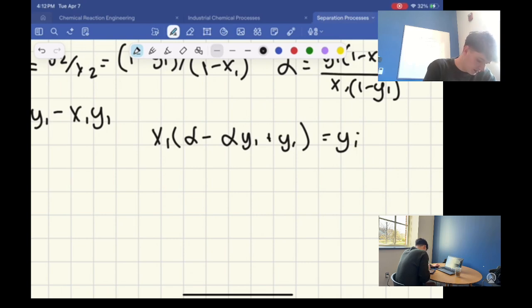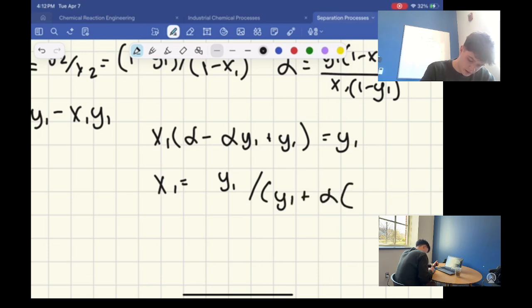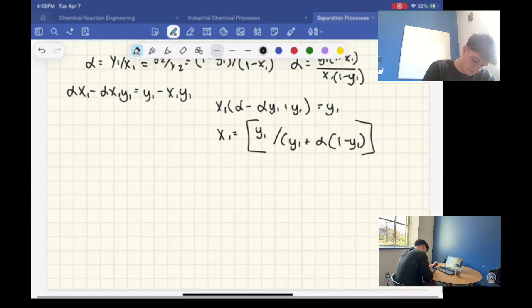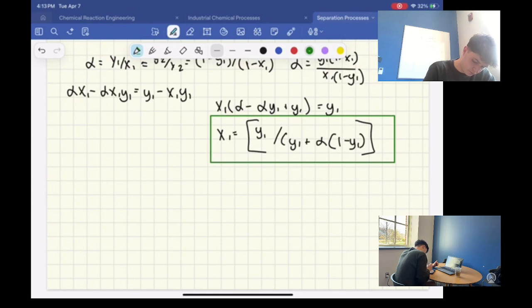Then divide by this, and you get x1 is equal to y1 divided by y1 plus alpha times 1 minus y1. And this here, which I will box off, is our second equation, or the answer to the second part. This is the actual expression for determining the equilibrium liquid composition given the vapor fraction.